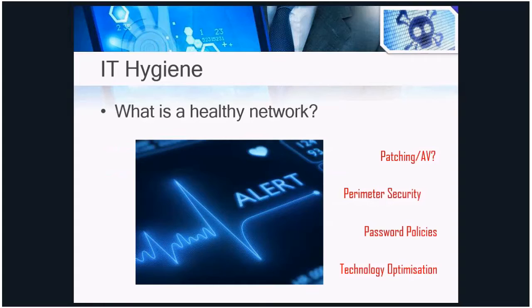So what does a healthy network look like? For most small to medium-sized organisations, if you asked them 5 to 10 years ago what the key points were, most of them would say, as long as my Windows security patches are installed and as long as I've got antivirus on my desktop, I feel like I'm pretty covered.